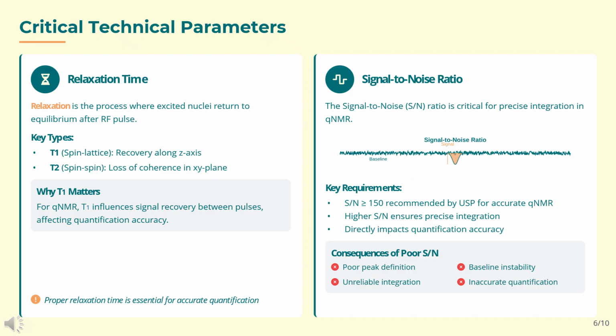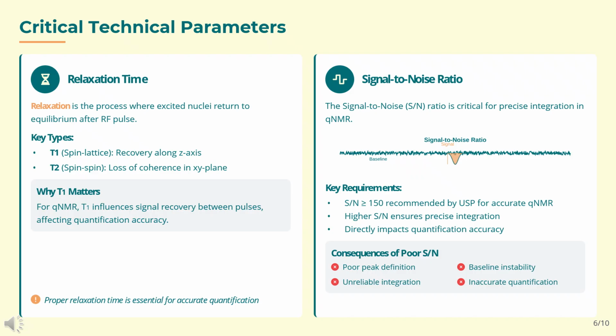Two technical parameters are especially important for qNMR: relaxation time, T1, and T2. This is how nuclei return to equilibrium after an RF pulse. For accurate quantification, you must allow sufficient T1 relaxation between pulses to recover the signal fully. Signal-to-noise ratio, S/N.